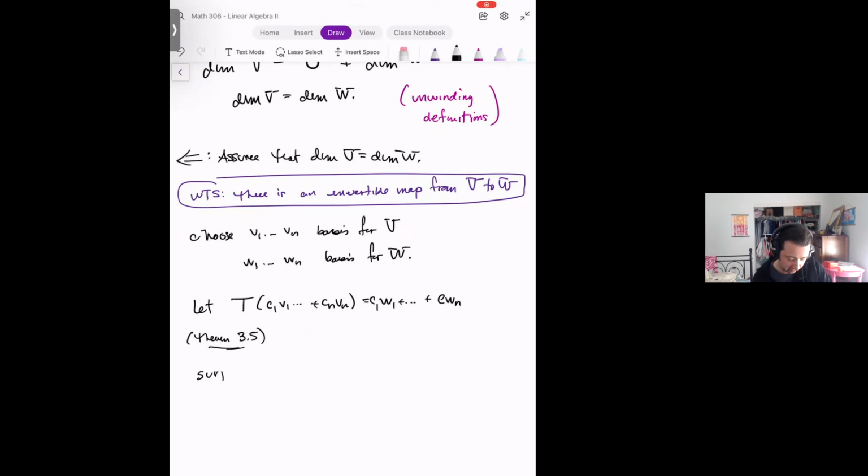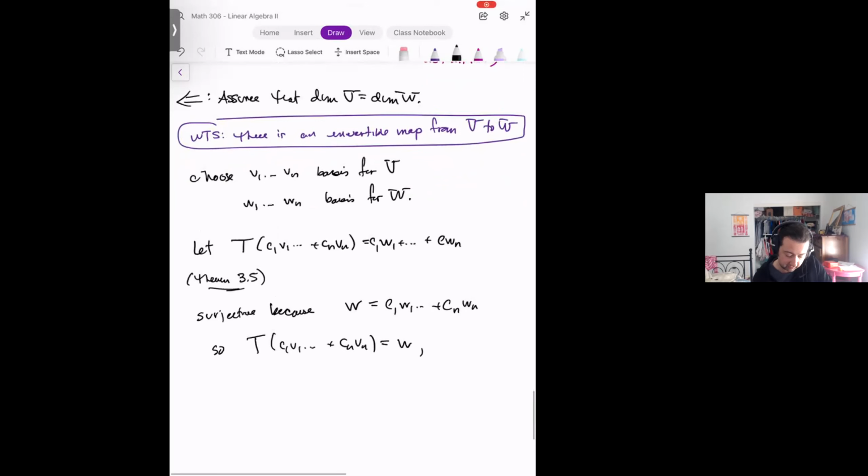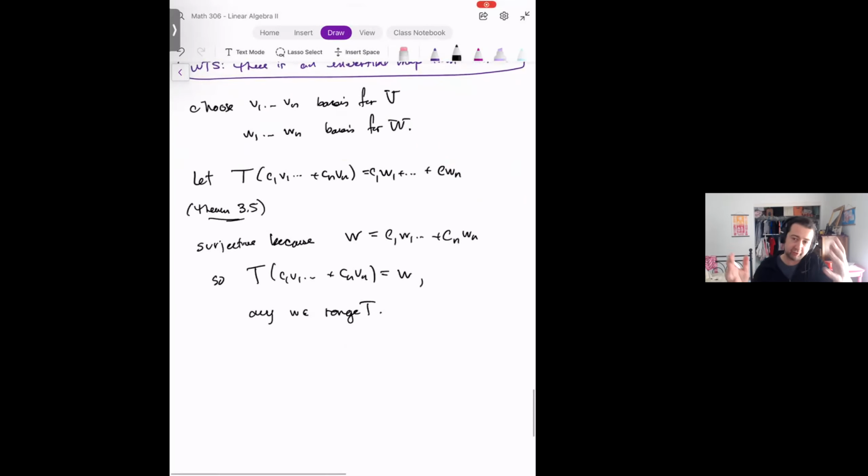It's surjective because if I got a W, I could express W is equal to C1 W1 up to Cn Wn, but then that means T of C1 V1 up to Cn Vn is equal to W. And that means that any W is in the range of T. You just peel off the coefficients and stick them on the V's. And if you took T of that, you would get your vector W back. And that means that this is a surjective map.